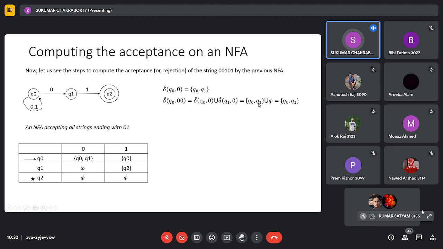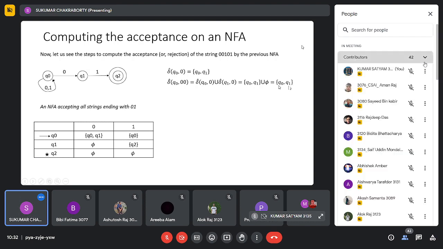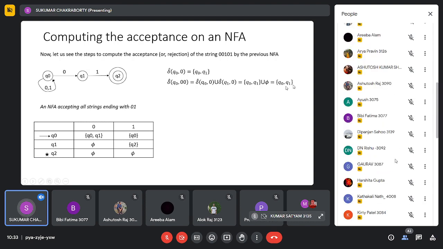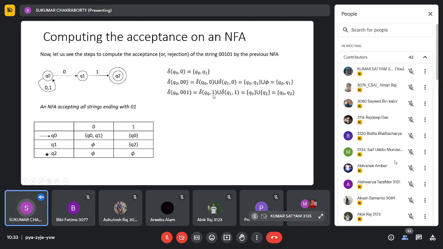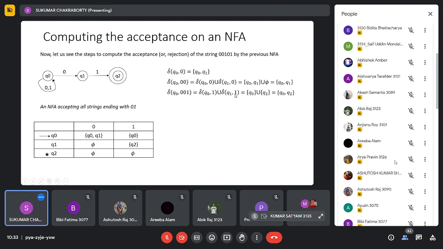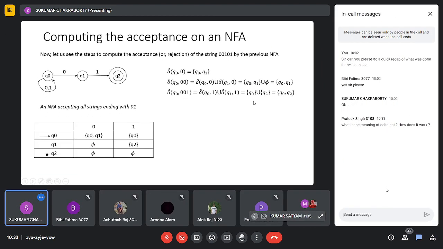So q0, q1 union phi, that is q0, q1. Now I will feed a 1 here, 001. So I will compute delta of q0, 1 union delta of q1, 1, right? That's what I will do. Delta of q0, 1 is q0 and delta of q1, 1 is q2. So it is q0 comma q2, right?